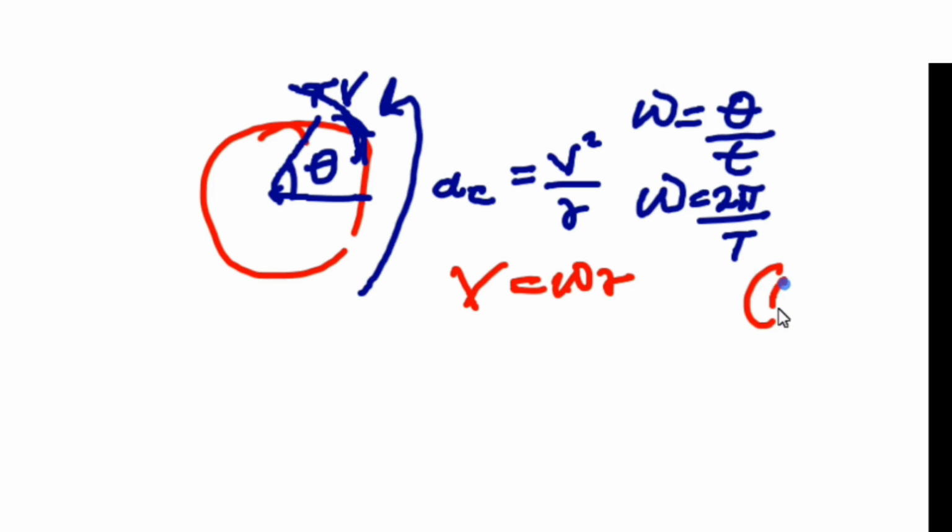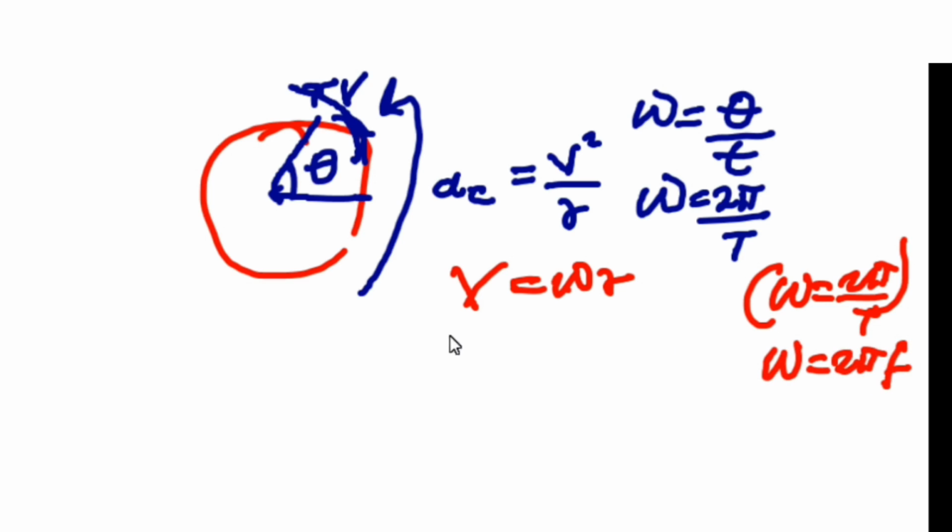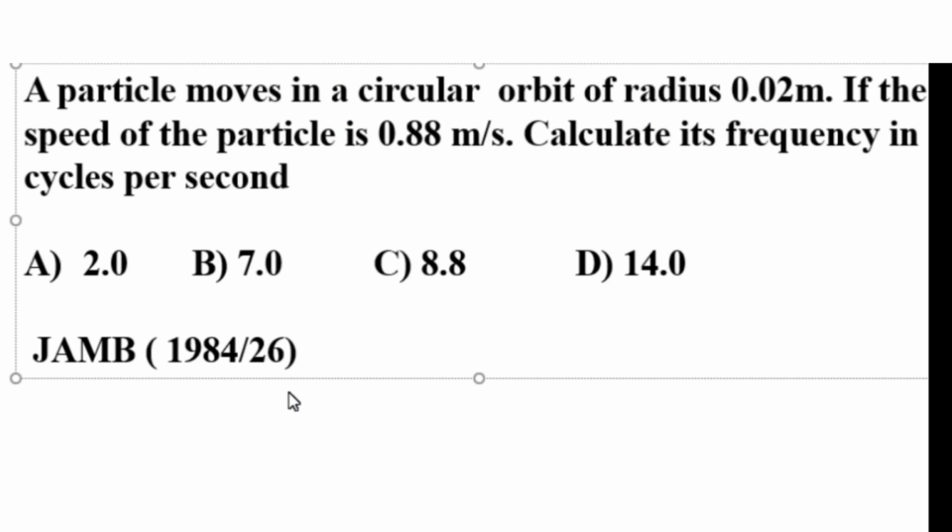Now you know that omega is 2 pi upon t, and this t is the period, which we know is the inverse of frequency. So we can say that omega is 2 pi f, so that we now have v equals 2 pi f r. The linear speed is v equals 2 pi f r.